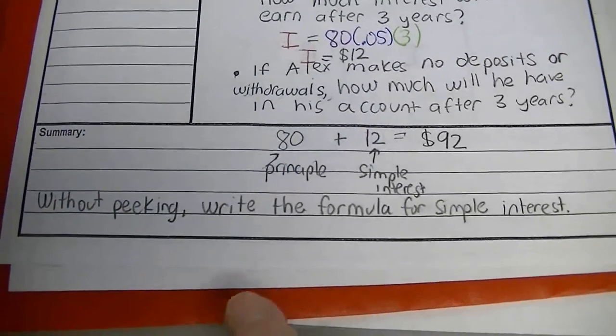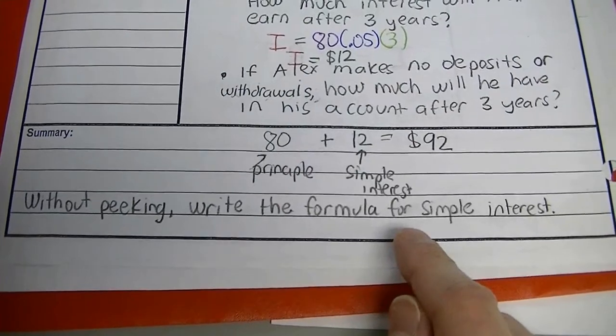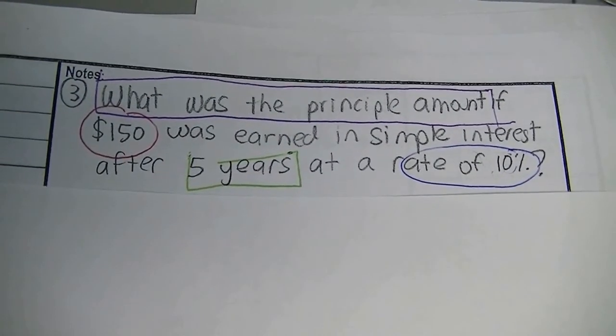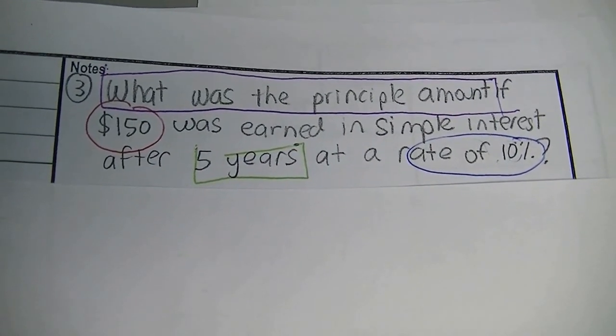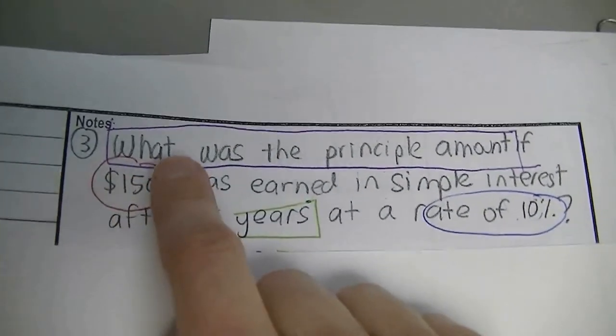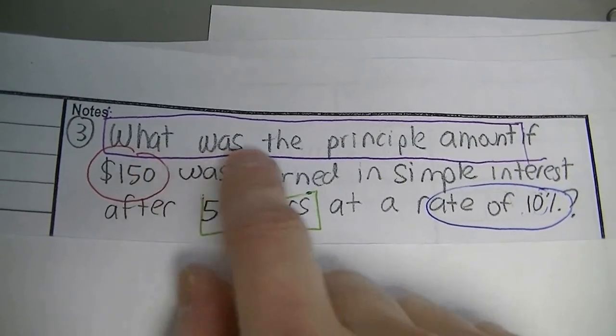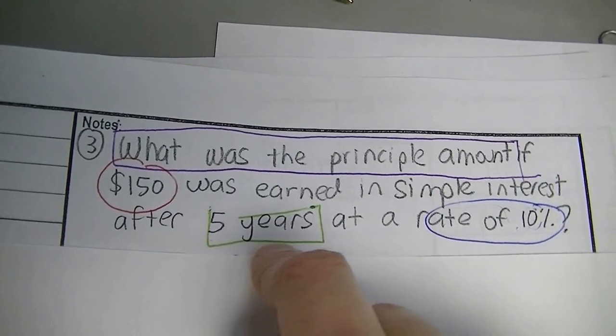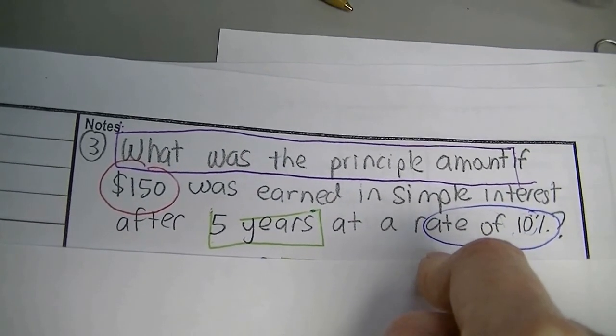Okay, without peeking, I want you to write the formula for simple interest. I went ahead and circled some components in number 3. And it says, what was the principal amount if $150 was earned in simple interest after 5 years at a rate of 10%?